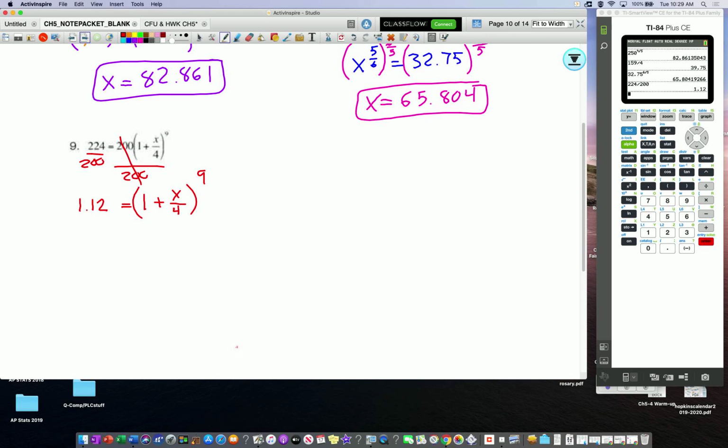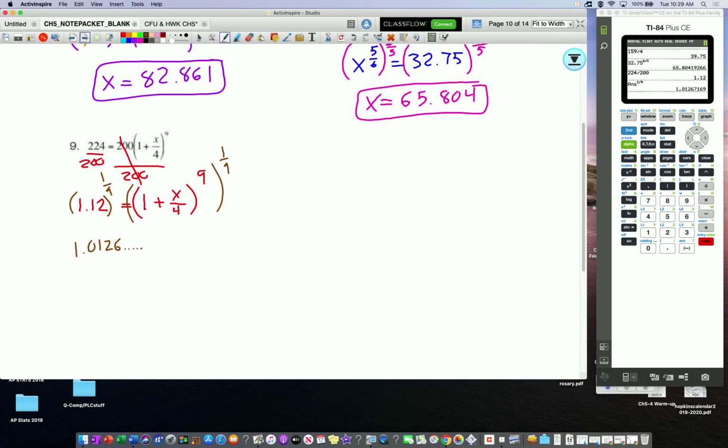This is all in parentheses. So now I have to get rid of the 9th power by raising both sides to the 1/9 power. I'll take my last answer, 1 divided by 9.